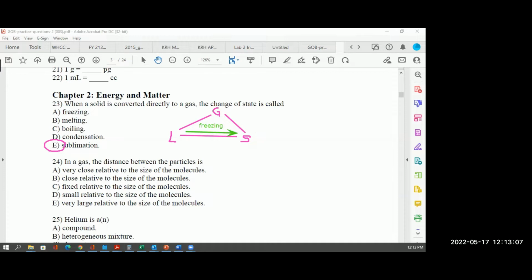If we're going from a solid to liquid, that's melting.